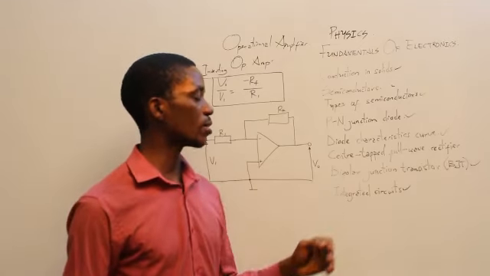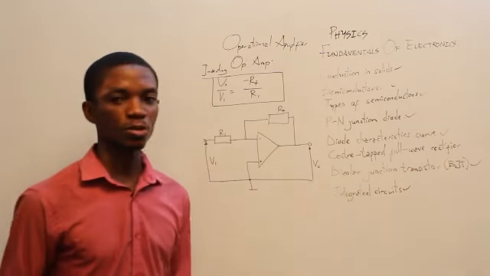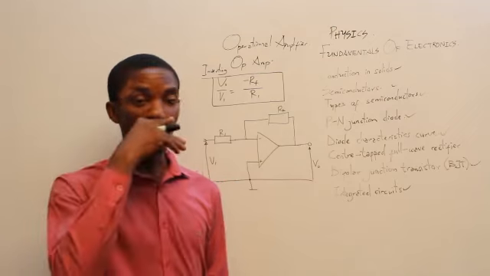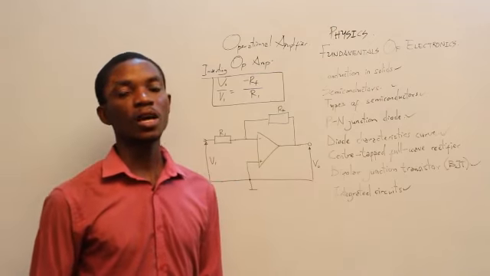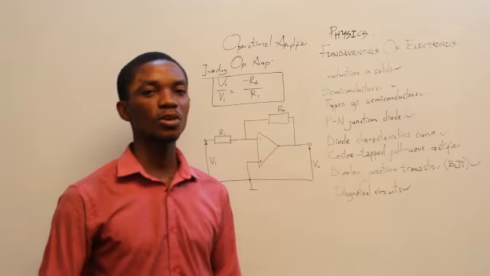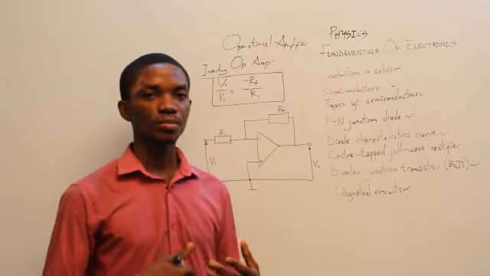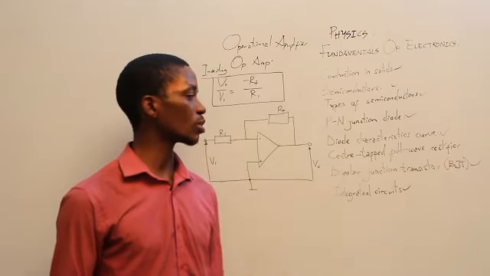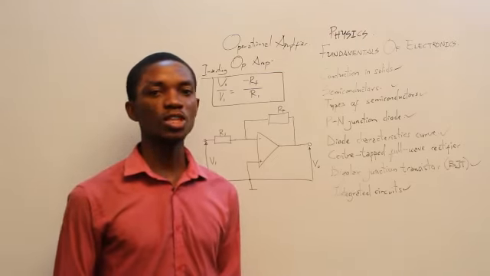Then we went to discuss the bipolar junction transistors. The bipolar junction transistors have three different forms: the common base, the common emitter, and the common collector. But we disregard the common collector because it has no use to us when it comes to voltage amplification.